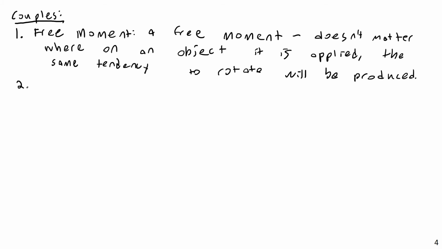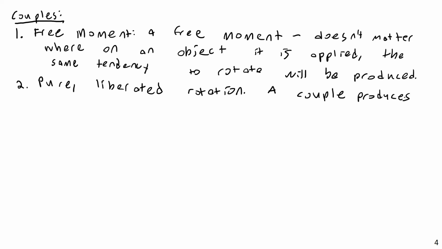Two is pure liberated rotation. And this applies to the free moment. So maybe I'll draw these out again. Pure liberated rotation. This is where a couple produces no tendency to translate.